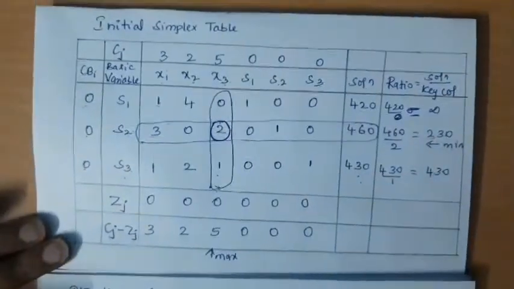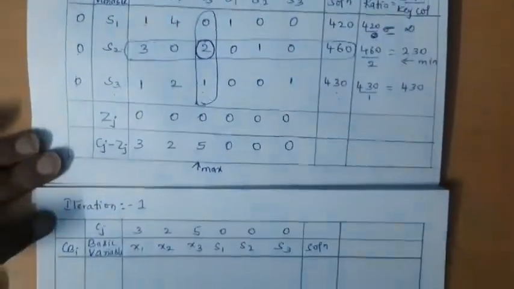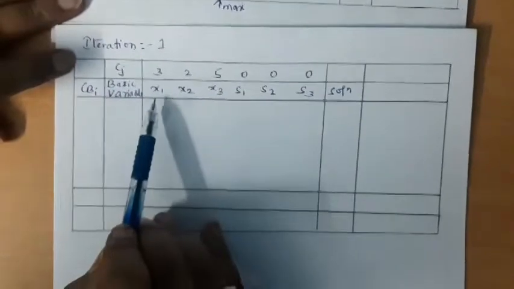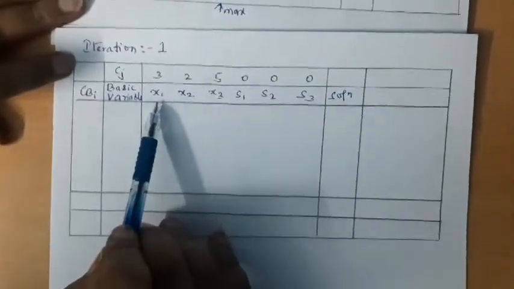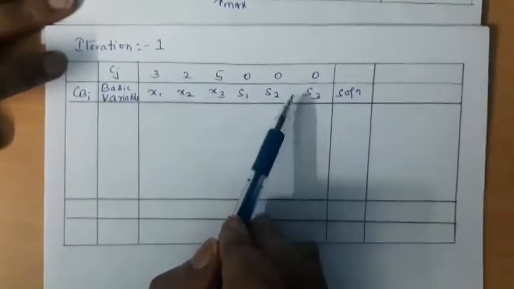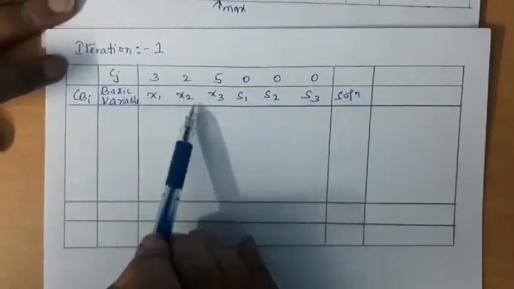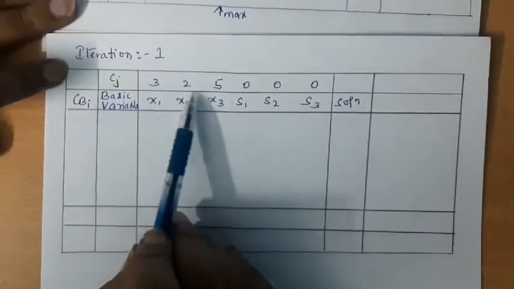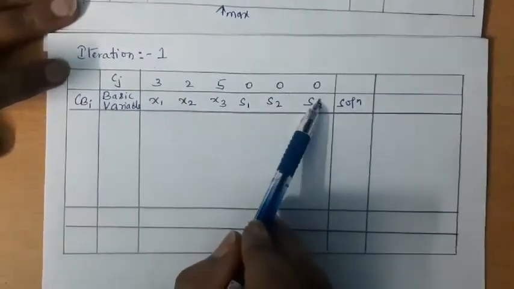Now let us proceed with the iteration 1 table. So this is the iteration 1 table. In this table also we'll have the basic variables, that is, from the objective function, the same x1, x2, x3, s1, s2, s3, and the coefficient values for all these variables from the objective function, that is 3, 2, 5, 0, 0, 0.